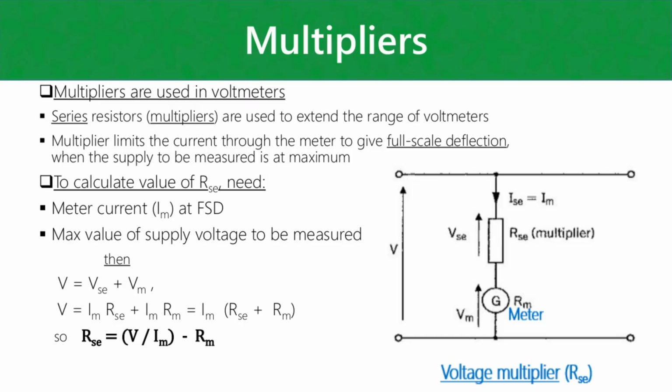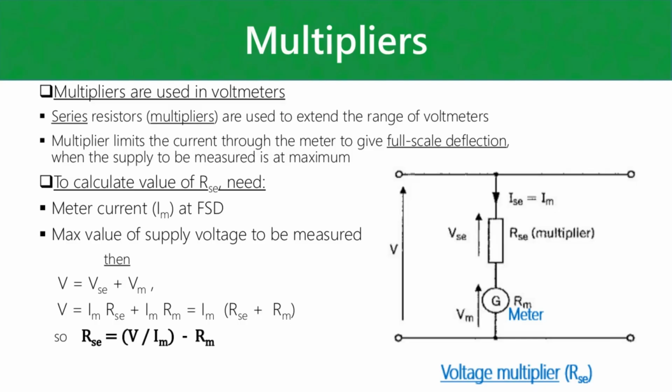Our multipliers are used to make voltmeters out of measuring instruments. In this case, we make use of series resistors to extend the range of our voltmeter.